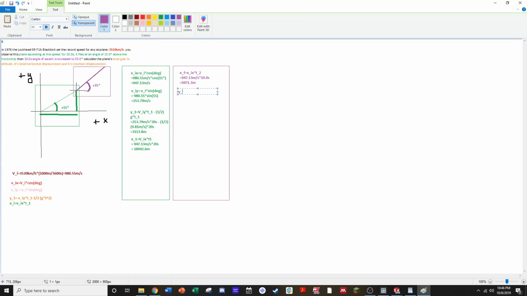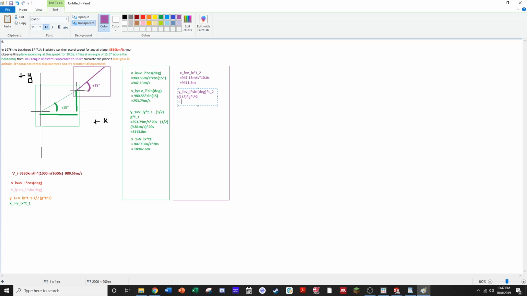So the distance traveled for the final leg in the y direction is v sub i times the sine of the angle, so degrees, times t sub 2 minus 1/2 gravitational constant times t squared. I apologize for doing it incorrectly the first time.